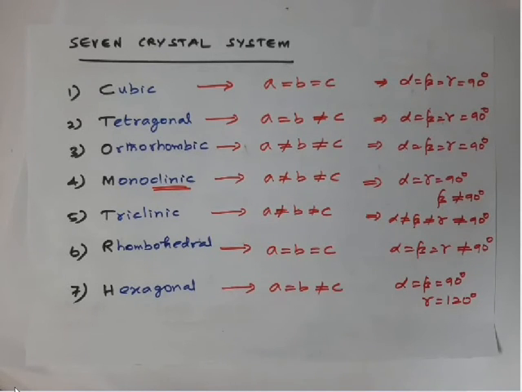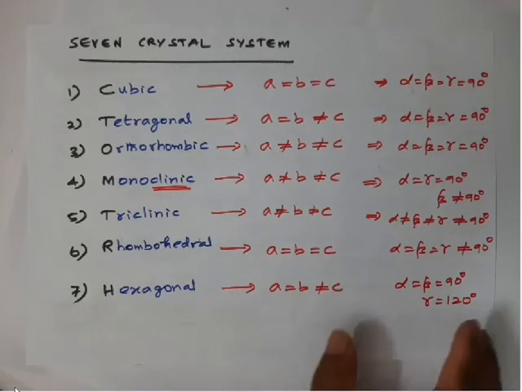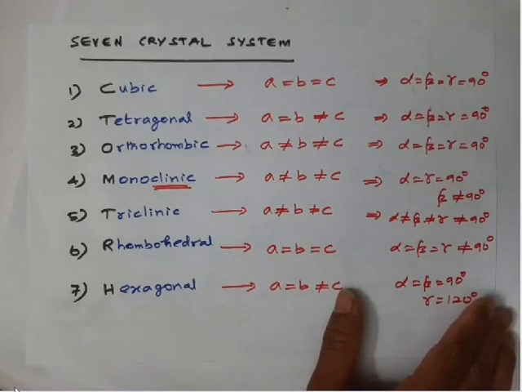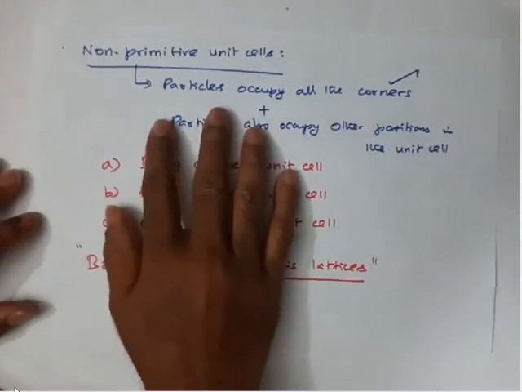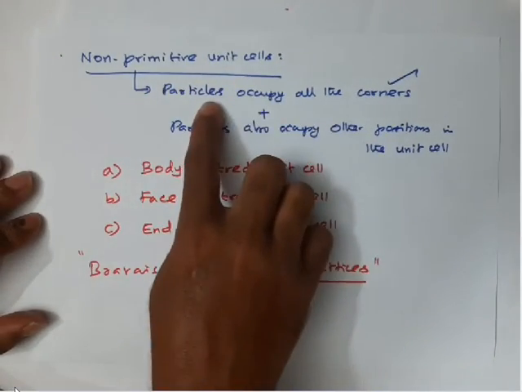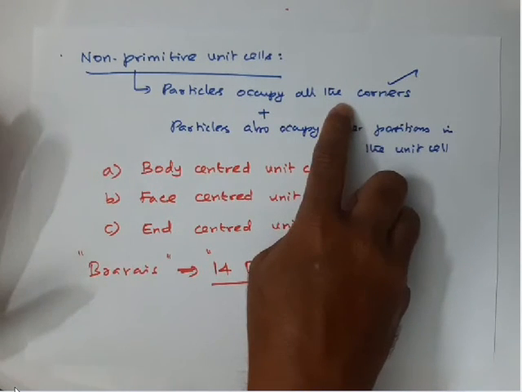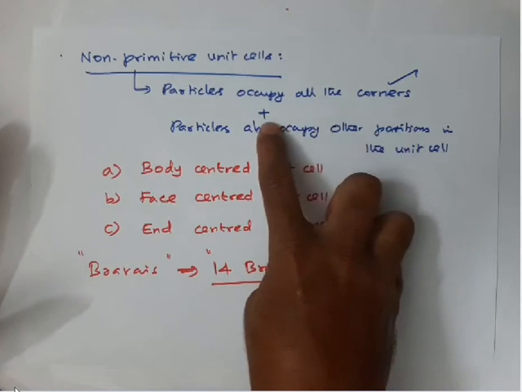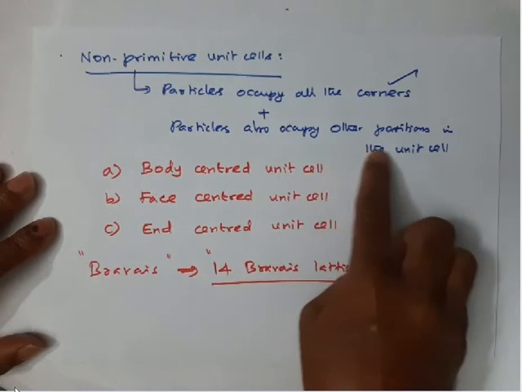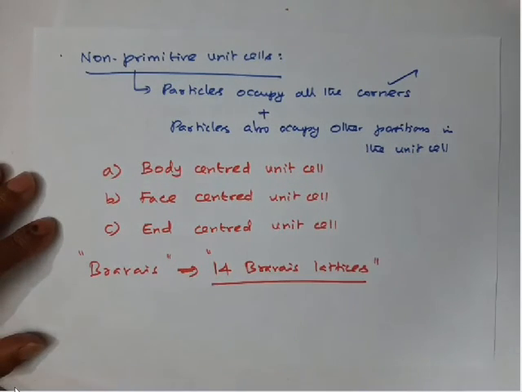What are non-primitive unit cells? Non-primitive unit cell means they consist of particles that occupy all the corners, and also occupy other positions in the unit cell.